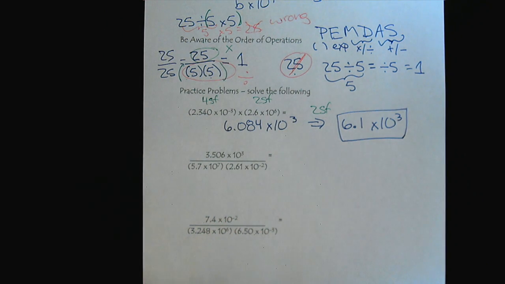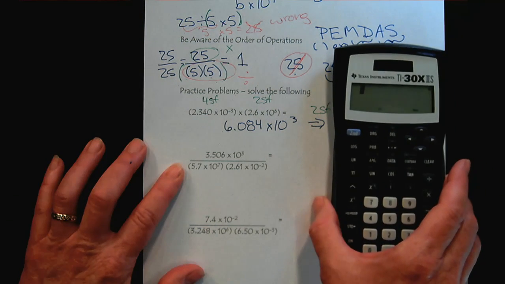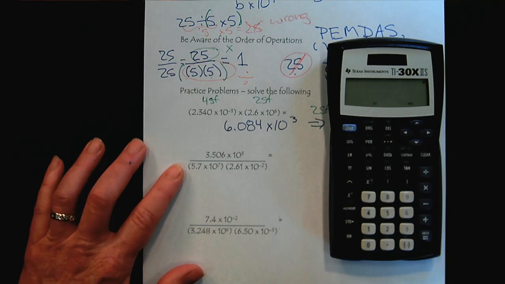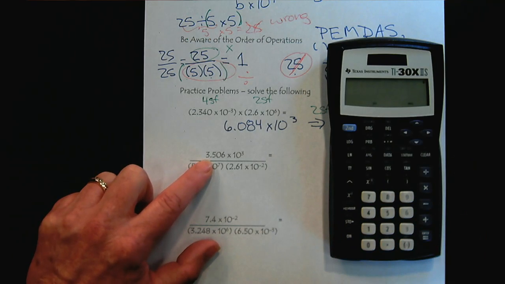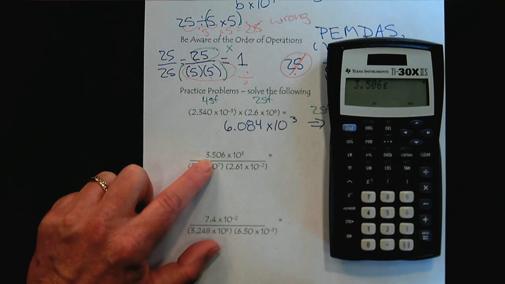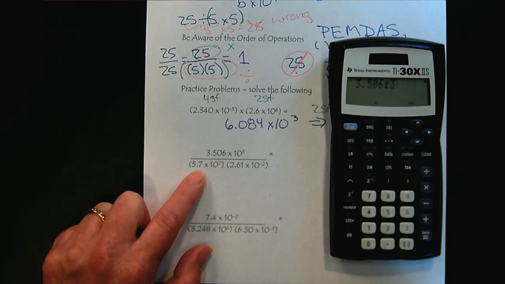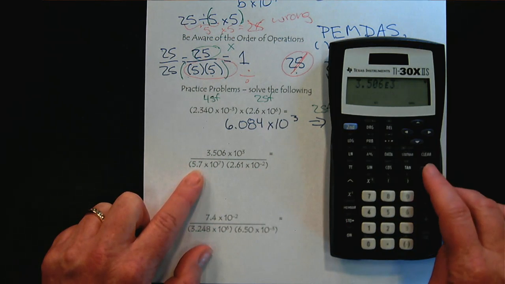So let's try a more challenging calculation like the one below. Alrighty, so here's our numerator term, 3.506. Enter the exponent, 3. Now we're going into the denominator, so everything in the denominator gets divided.